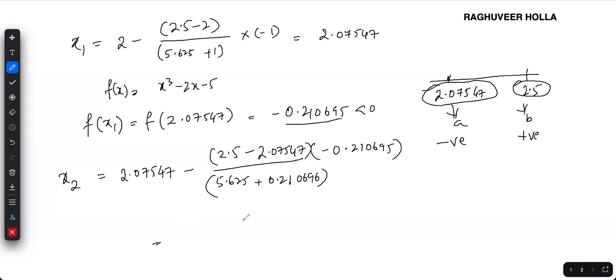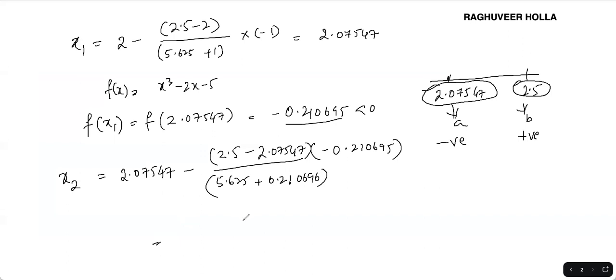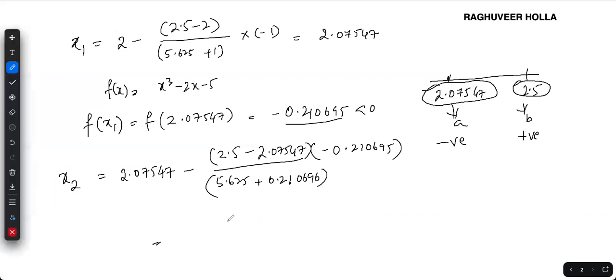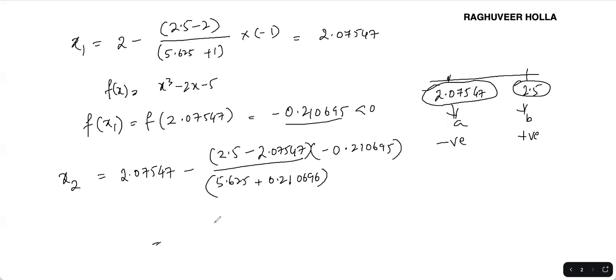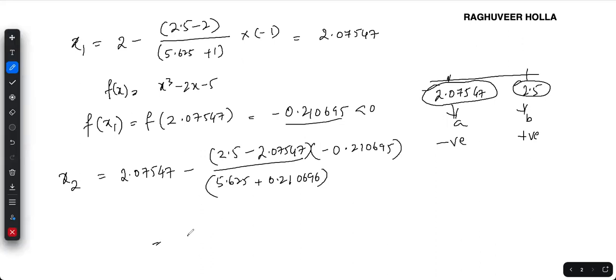Calculate this, and you get the second approximation here. You're getting the roots closer and closer. So we got 2.0908, and this is your x2.